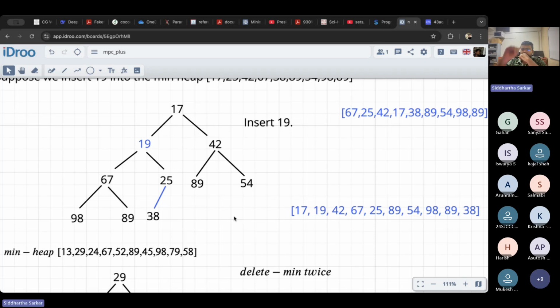At the root. Because if it is not at the root, where could it be? Wherever it is, it cannot have a parent which is smaller than it, by the max heap property. So that is the idea of min heap and max heap. I hope I have answered the question to Manoj.